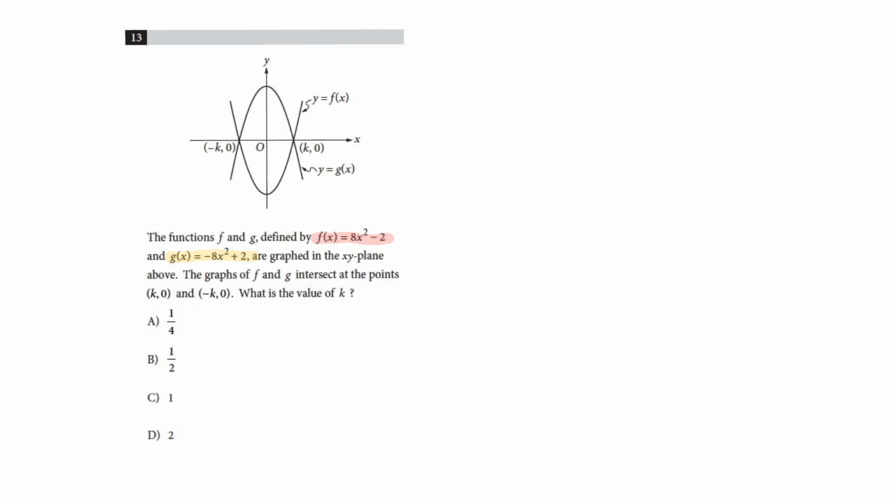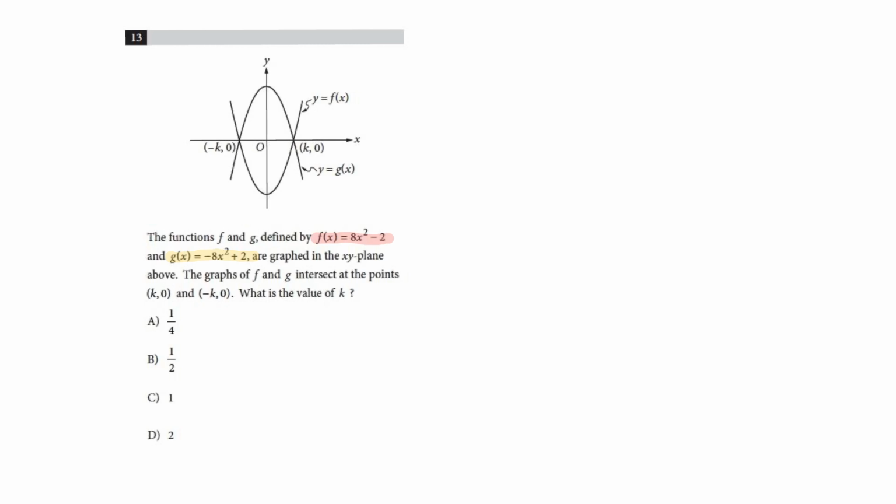Well, k is just going to be the x-intercepts, because these are exactly the same. They're just reflected vertically.